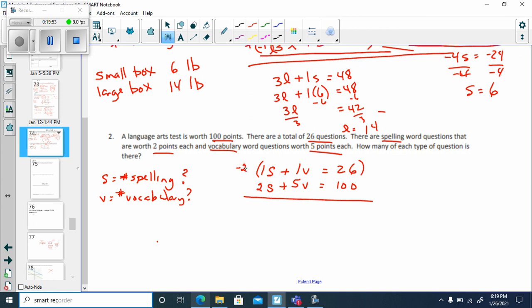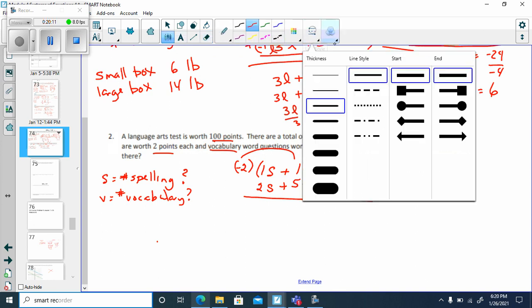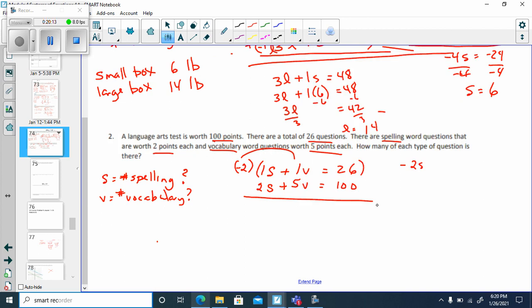So let's multiply everything up here by -2. This would give me -2s minus 2v equals -2 times 26, which would give you -52.